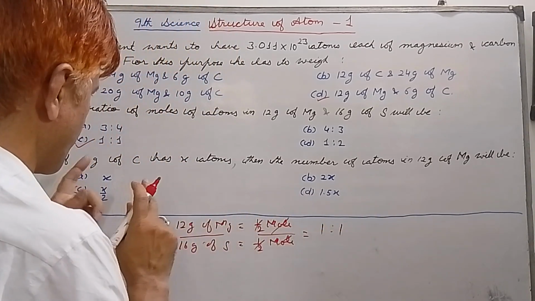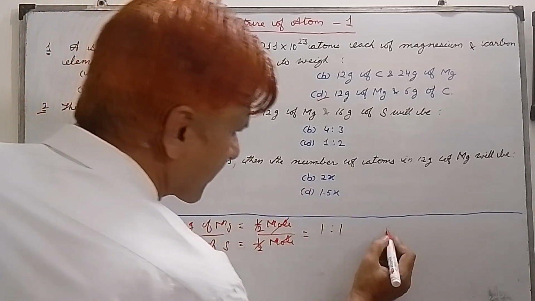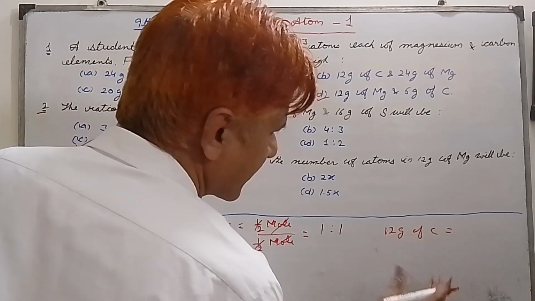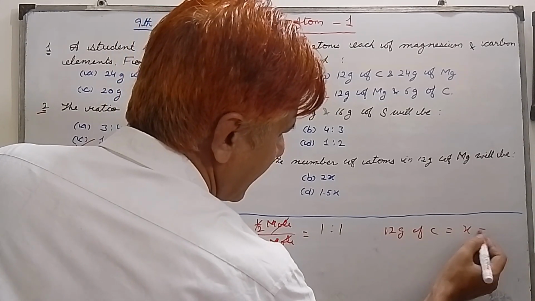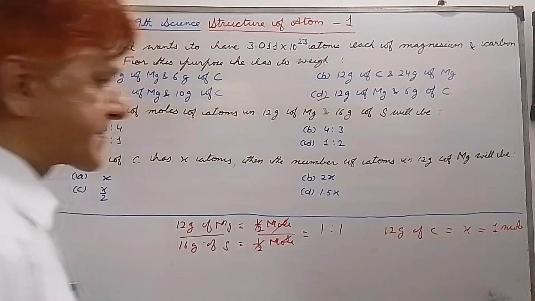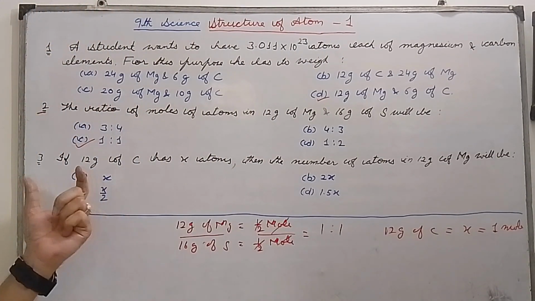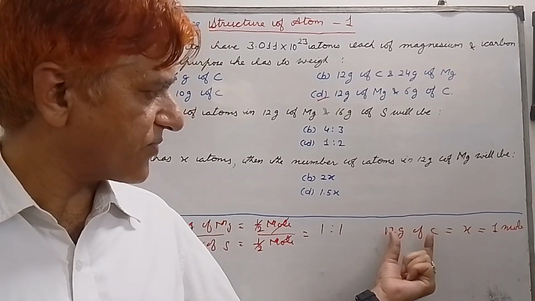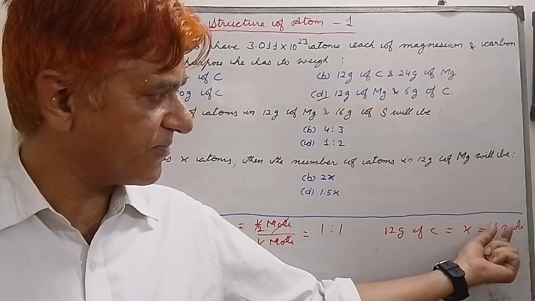So actually 12 gram of carbon has how many atoms? X atoms. And this is also equal to 1 mole, because 12 gram of carbon will be equal to 1 mole, or 12 gram of carbon has 1 mole of atoms.